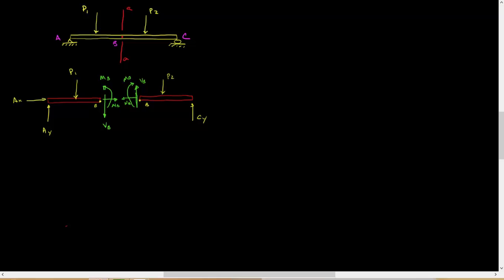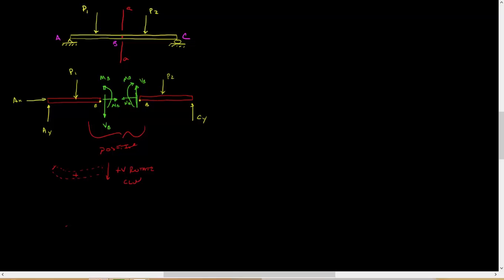Now, how I have drawn these and how I am showing these is positive. Okay, so my moment about B is bending, and if it's being held here, what's happening to this beam is it's starting to do this, right? It's bending, and it looks like a smile, so that's a positive bending moment. A positive shear will always rotate it clockwise.